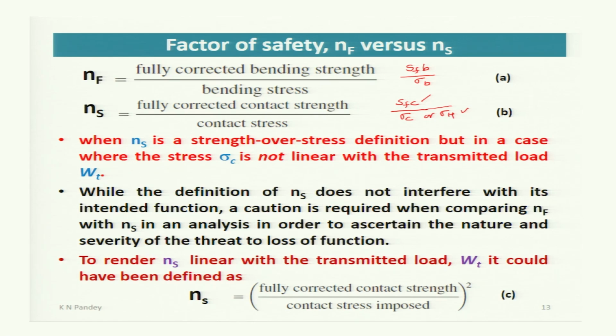Now, if we see the formula for Hertzian contact stress or the surface stress, sigma is proportional to the square root of WT. But if we see the bending fatigue stress sigma B, then it is proportional to WT. So, if we want to compare NF and NS, then we have to make both proportional to WT. So what we do is we just square the terms, and we say sigma surface, or sigma C squared, is proportional to WT.